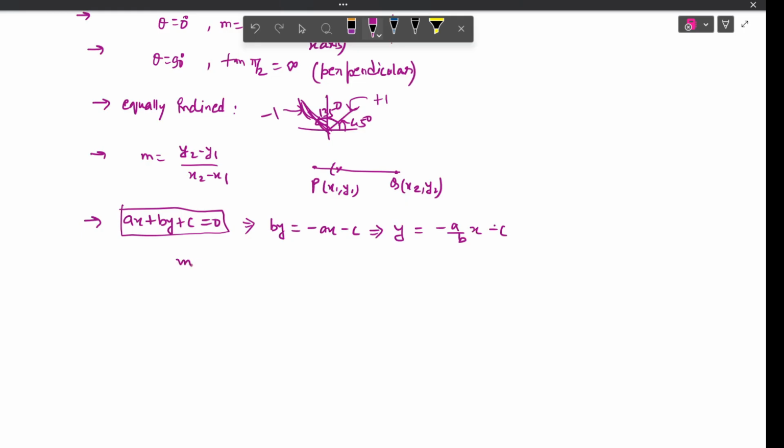So our slope would be minus a by b. So we can remember this something like this: minus of coefficient of x by coefficient of y.